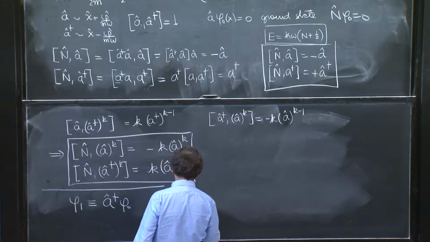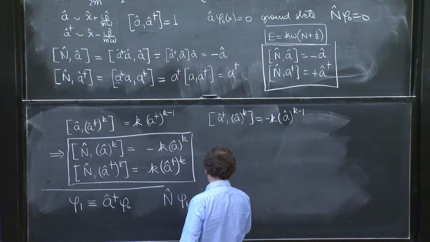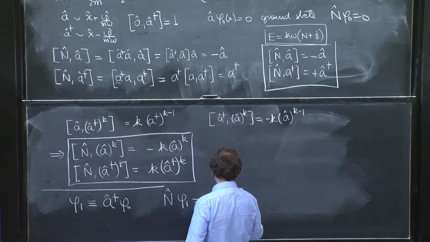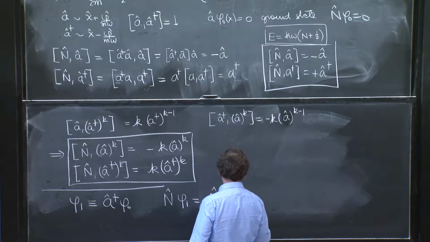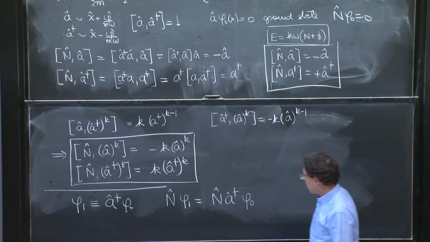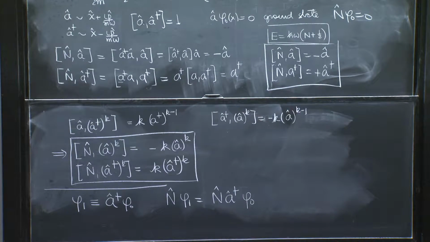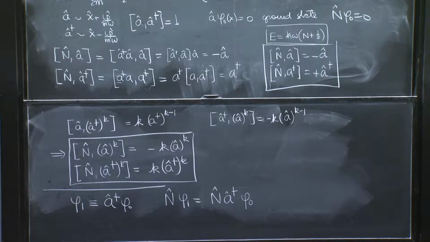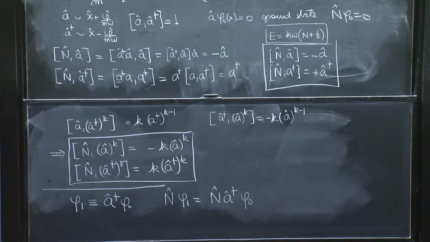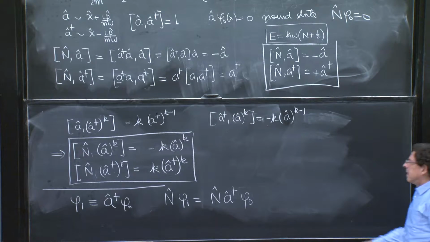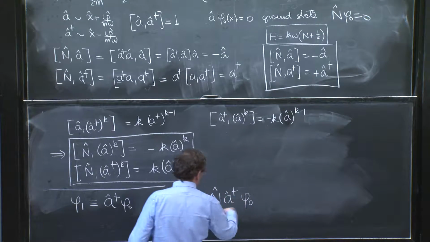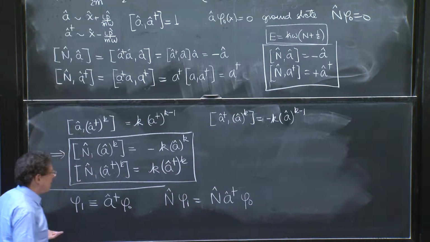So n phi 1 is equal to n a dagger phi 0. Okay. Here comes trick number 1. Maybe it's too much to even call it a trick. This thing, you look at it and you say, I want to sort of simplify this, learn something about it.